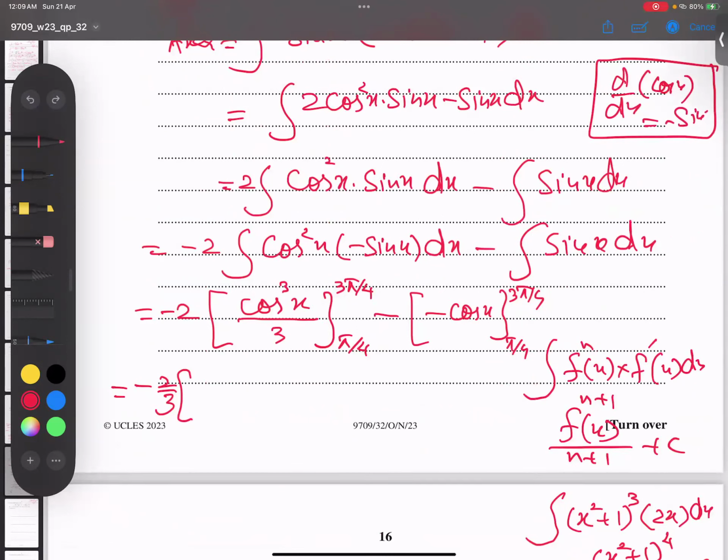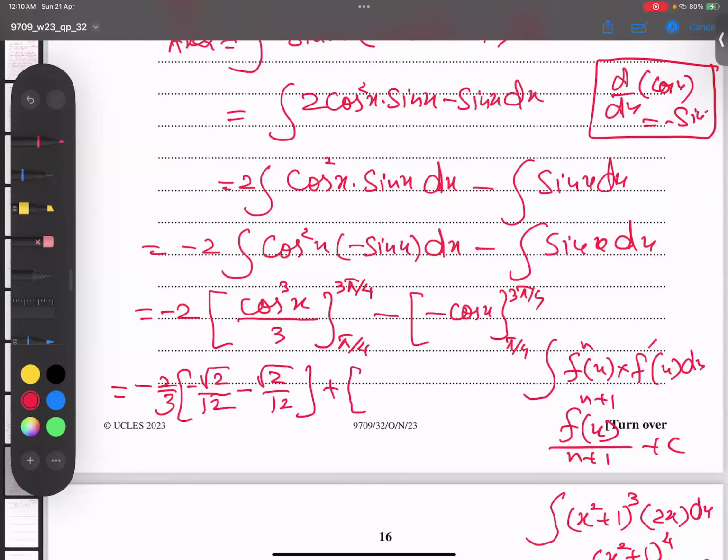Cos 3 pi by 4, I get root 2 by 2, and take the power 3, and divided by 3, I got negative root 2 by 12. Upper limit done. Minus. When I plug in the lower one, cos pi by 4, I got root 2 by 2, take power 3 and divide by 3, and I got root 2 by 12, positive.